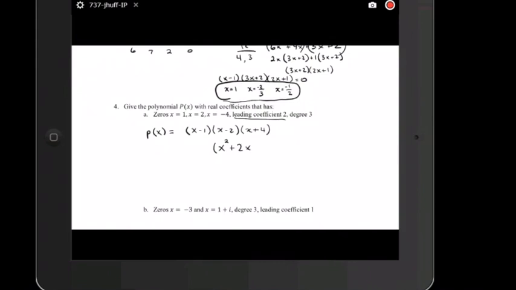plus 2x minus 8. And then we multiply that by x minus 1.